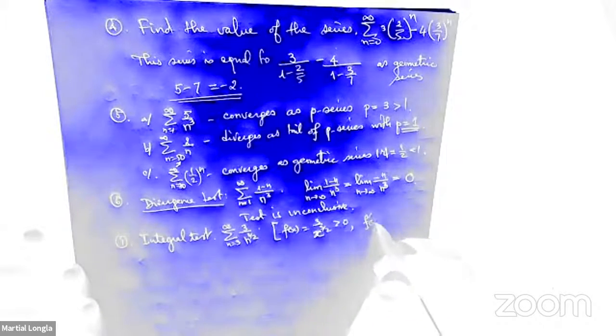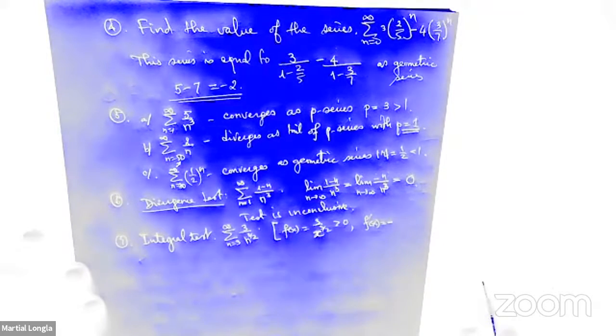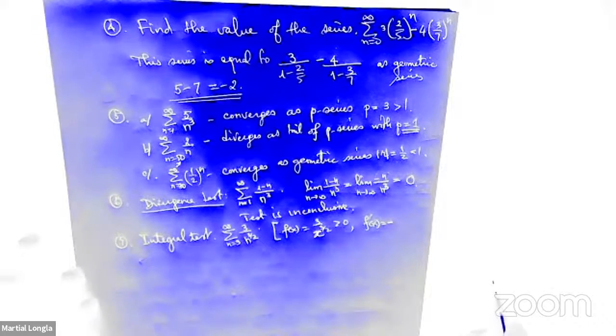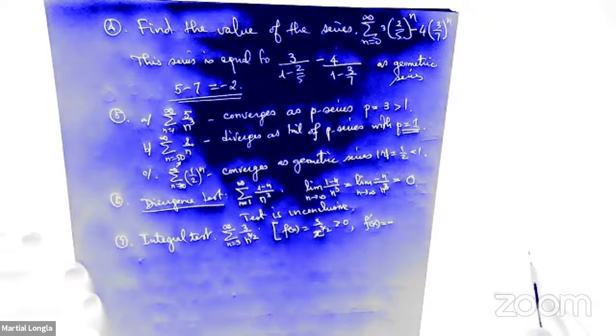F prime of x, you find it, minus, the derivative of x to the power 3/2.